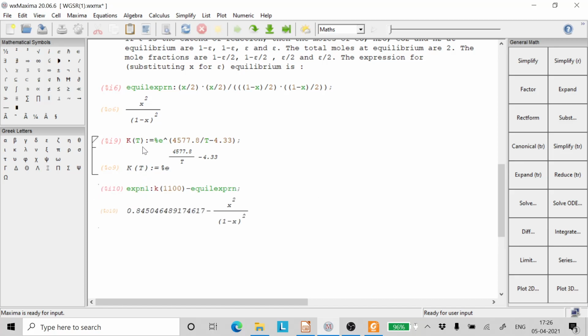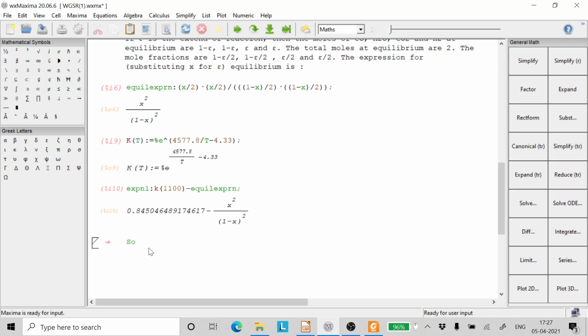Now this naturally arises because K is equal to this expression. So what I have written here is I have defined another expression which is nothing but K minus the expression that we have for equilibrium, and we get it.